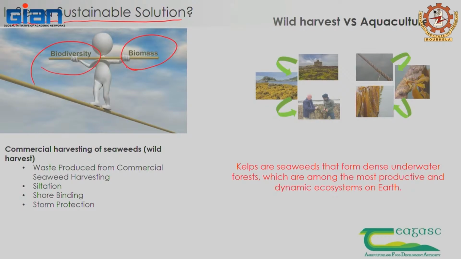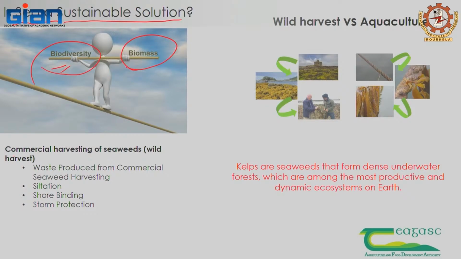If we are overfishing, then we are eliminating certain nutrients from the sea water. That is why the balance between these two becomes very critical. So, we have to have a proper balance, whether you go with aquaculture or wild harvest.